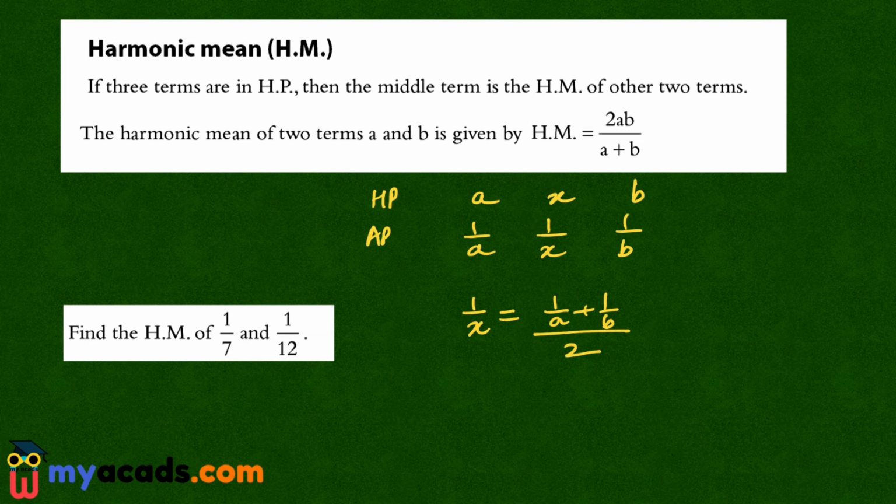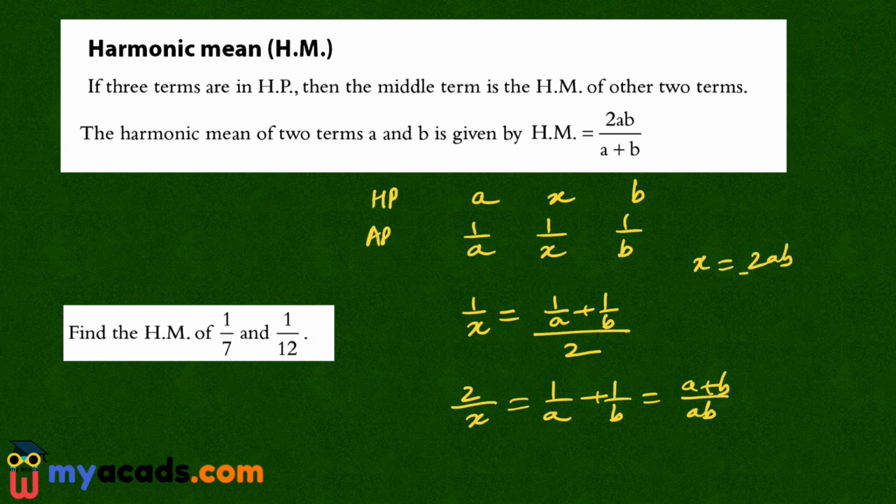So this is equal to 2 by X equals 1 upon A plus 1 upon B. This is equal to A plus B upon A into B. So X is 2AB upon A plus B. So X is the harmonic mean of the other two terms. So the formula for harmonic mean is this.